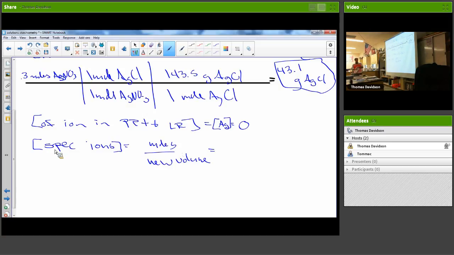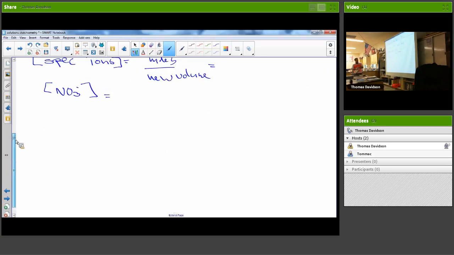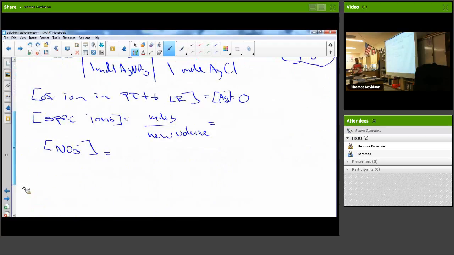So one of them is NO3, right? All right, so NO3 minus, we have to find its initial moles, which was equal to the silver, right? So it is 0.3.